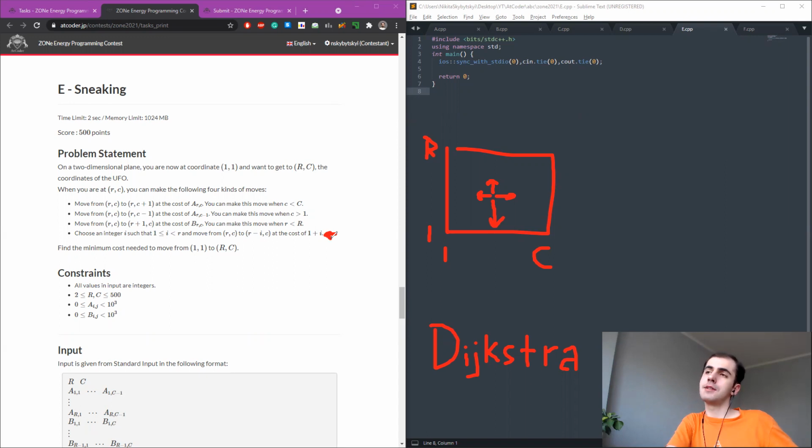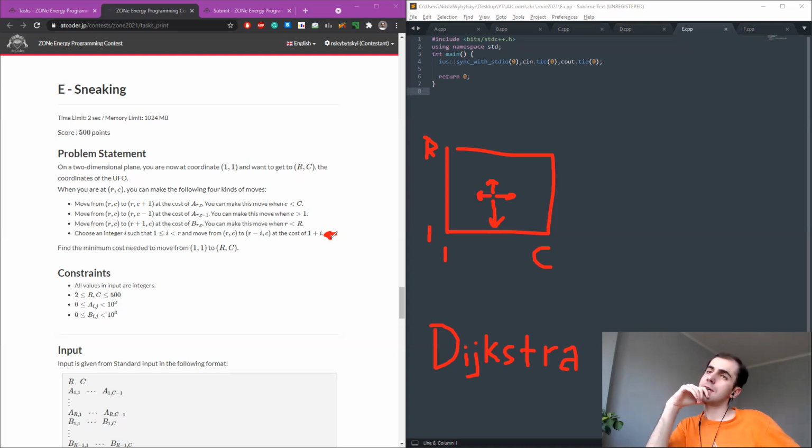Can we separate these two terms somehow? So when does it make sense to move down? Often it makes sense to move down.